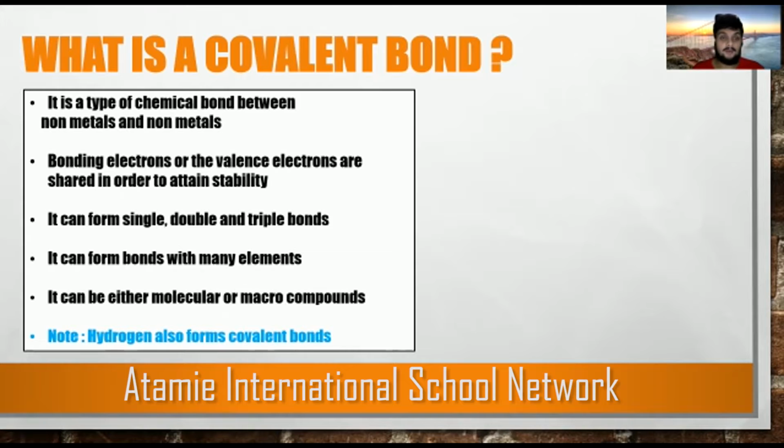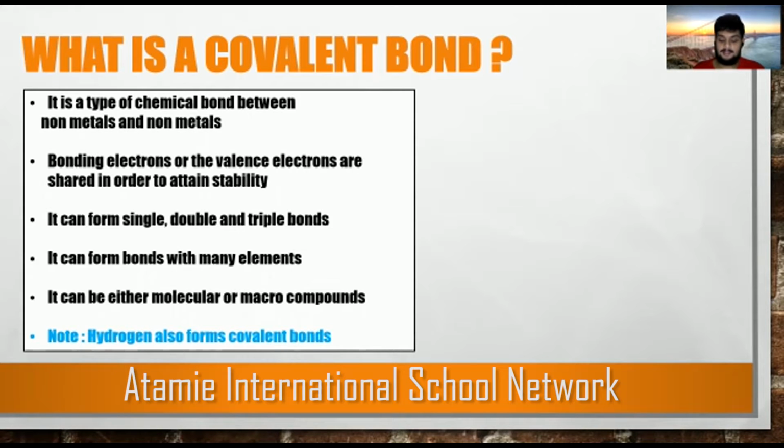Here in a covalent bond, between non-metals and non-metals, we don't see any exchange of valence electrons, but we see that the valence electrons are shared, in order to obtain a stable electronic configuration.